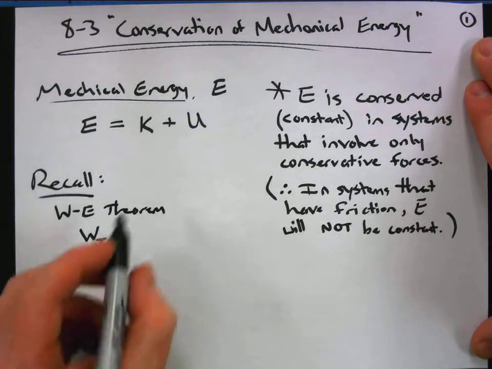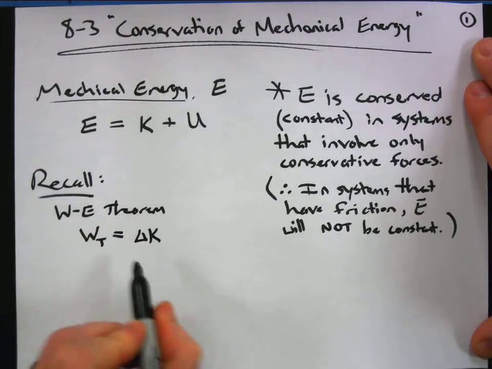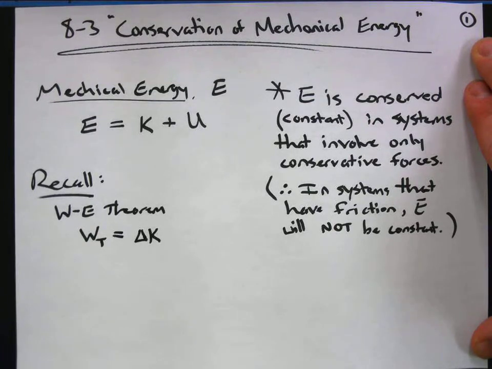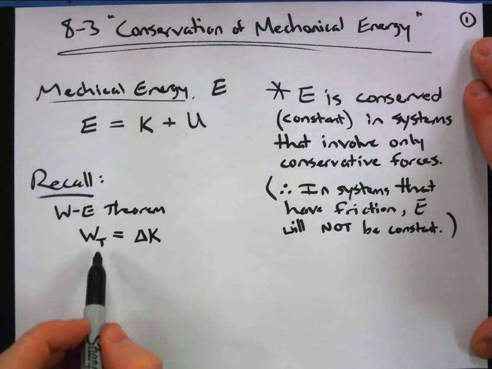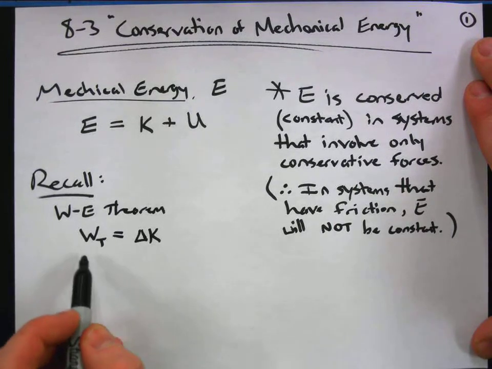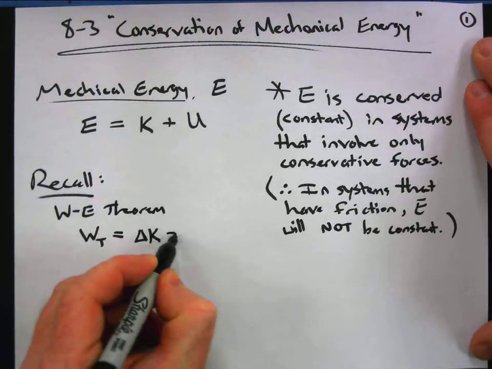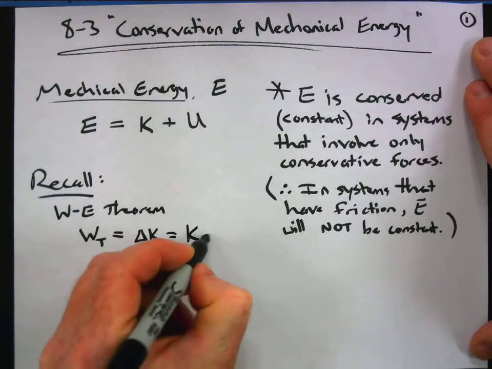So total work is the sum of all the works done by all the forces acting on a system. And if the sum of all those works leads to some net amount of work being done, then it's going to change the kinetic energy of that system. Okay, well, we know that a delta K is equal to a final K minus an initial K. We're going to come back to that.